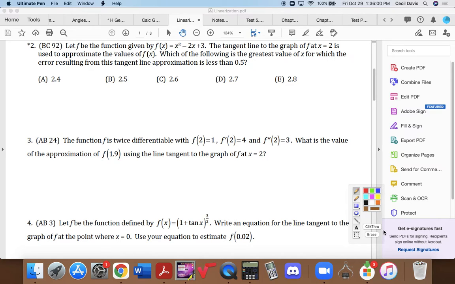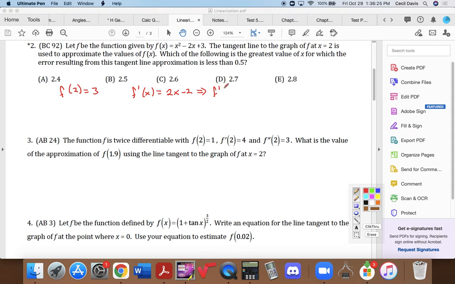Okay, so to find the tangent line approximation, we know that f at 2 is equal to 3. That's a pretty easy substitution. And f prime of x is 2x minus 2.